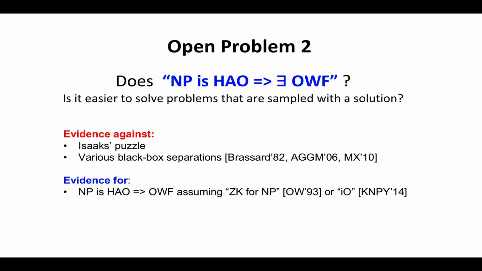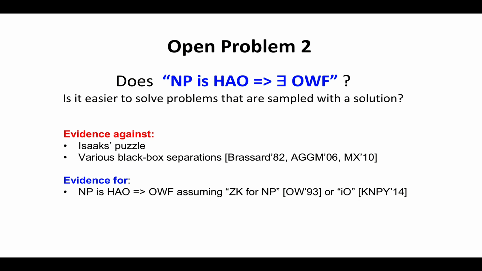We also have some evidence for, in a similar style to what was done before by the result of Hubacek et al. And there are these very nice results going back all the way to the 90s showing that if we have something called zero knowledge for NP, then if NP is hard on average, we also have a one-way function.